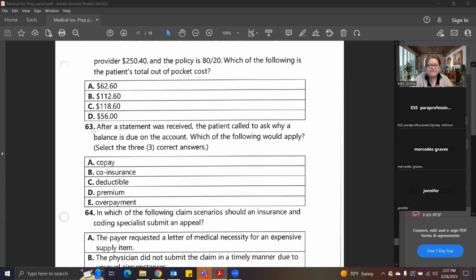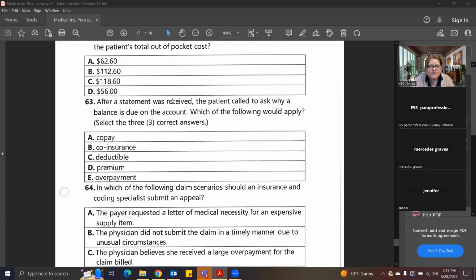Number 63. After a statement was received, the patient called to ask why a balance is due on her account. Which of the following would apply? Select 3 correct answers. A, copay, B, coinsurance, C, deductible, D, premium, or E, overpayment.